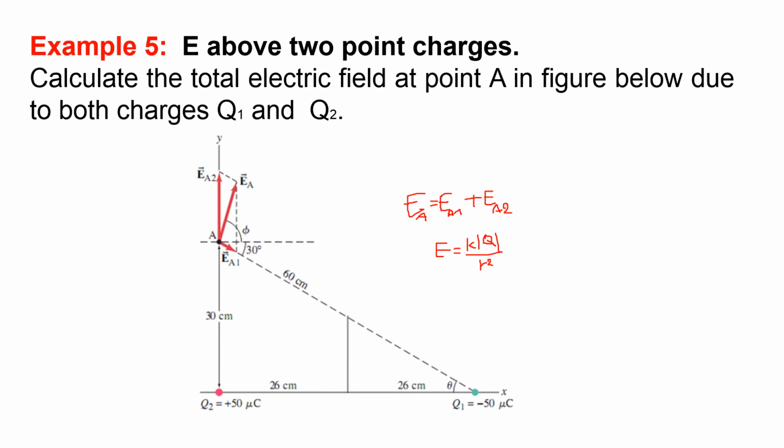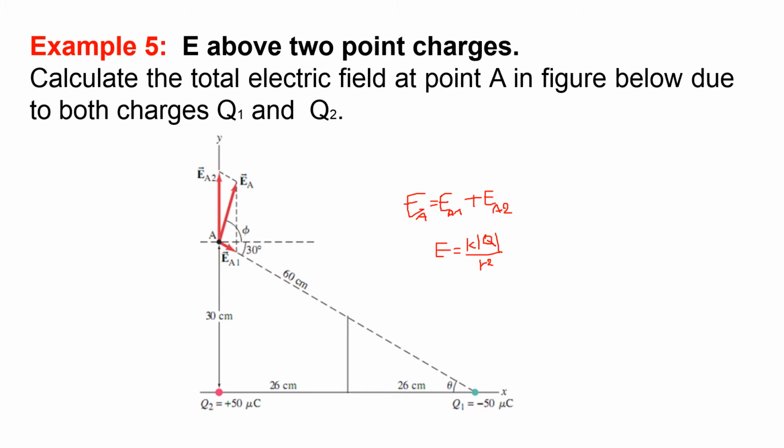The electric field due to charge 1 is oriented towards the first charge because the first charge is negative, and we know in the theory that the electric field must be oriented towards the negative charge. And the electric field due to charge 2 is oriented away from charge Q2 because charge Q2 is positive.